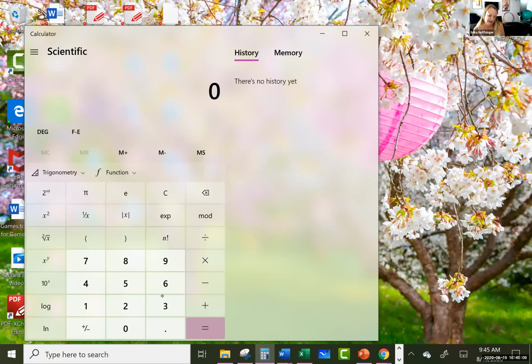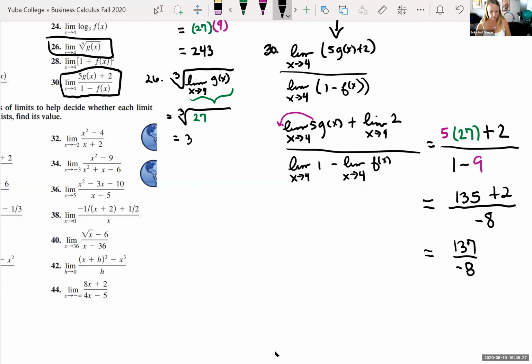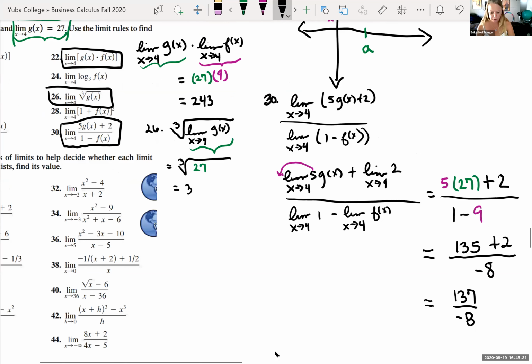Did anyone see an error that I did? 17.125. So let me just kind of check my work real quick.